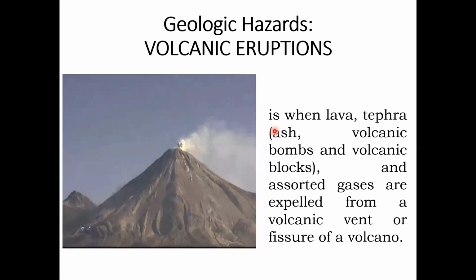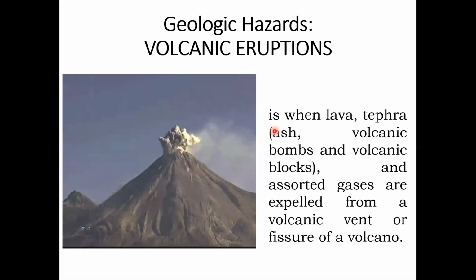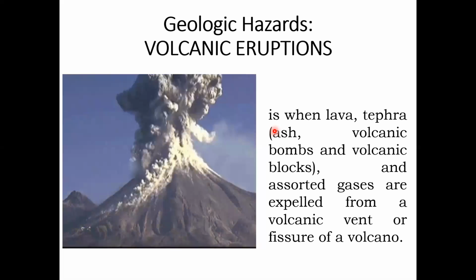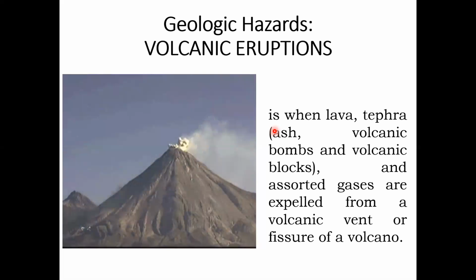Not only can powerful explosive eruptions drastically alter land and water for tens of kilometers around a volcano, but tiny liquid droplets of sulfuric acid erupted into the stratosphere can change our planet's climate temporarily.